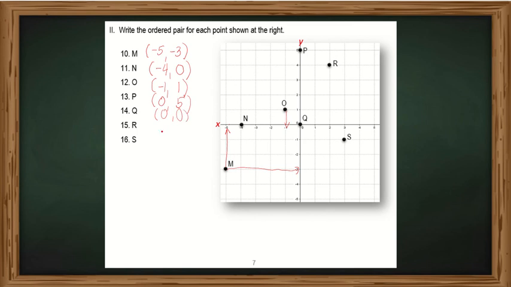And point R, our x coordinate is +2 and our y coordinate is +4. Then lastly, we have point S. Our x coordinate is 3 and our y coordinate is -1. That's it. I hope you were able to get all answers correctly.